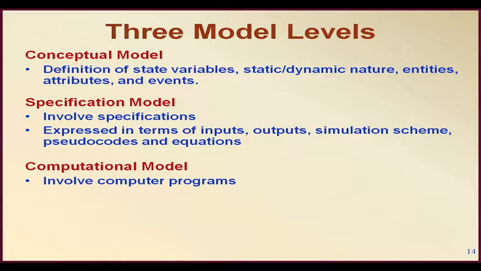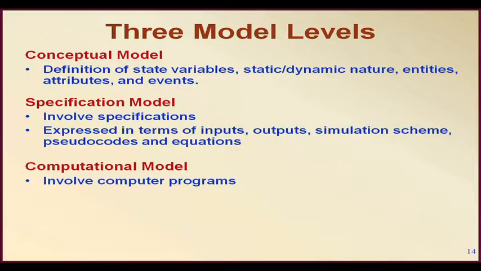Then the next one you actually specify, and while specifying, it has to be expressed in terms of inputs, outputs, simulation schemes, pseudo codes and equations. So, if you are talking about queuing, the kind of queuing parameters have to be established, what is coming.